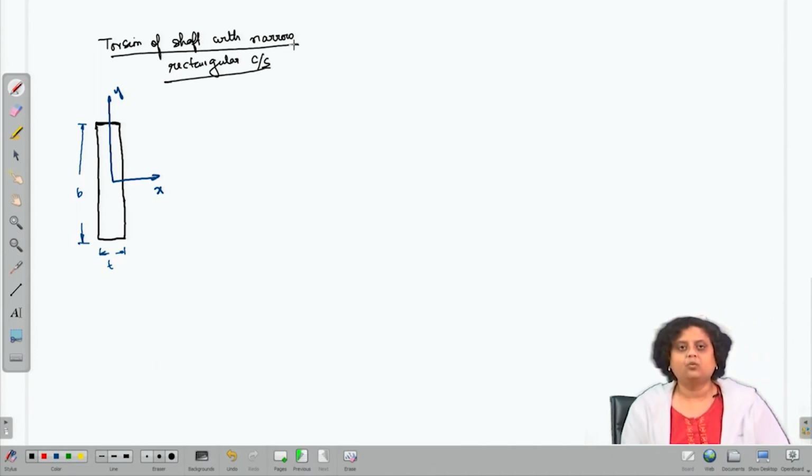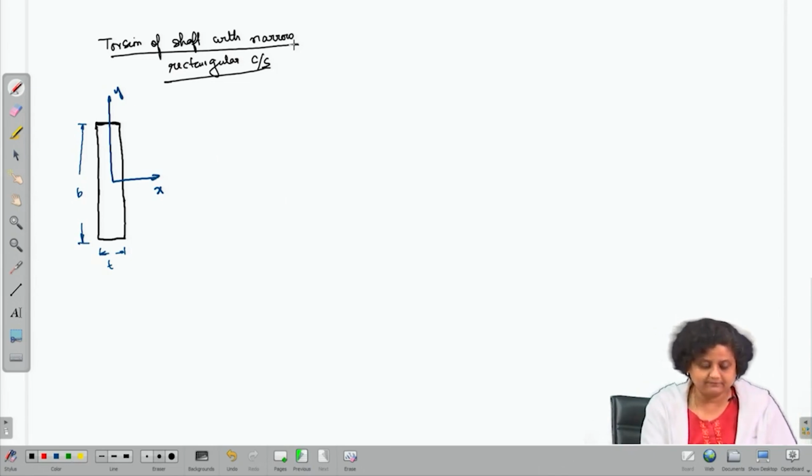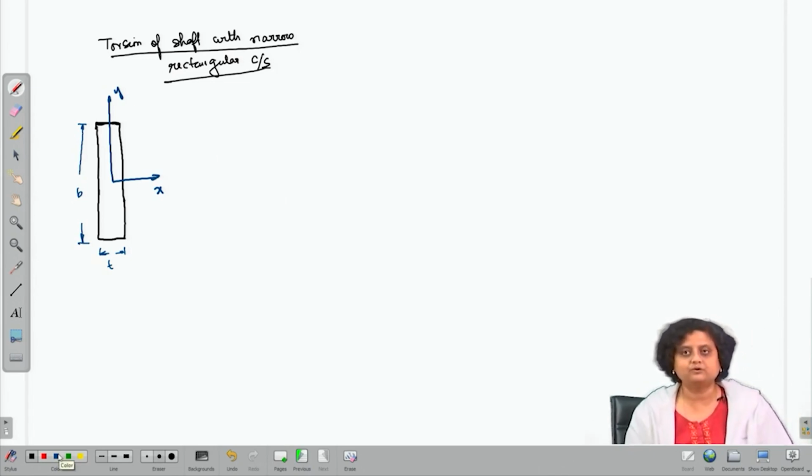So, this is what we have. We have this shaft whose cross section is a narrow rectangle.